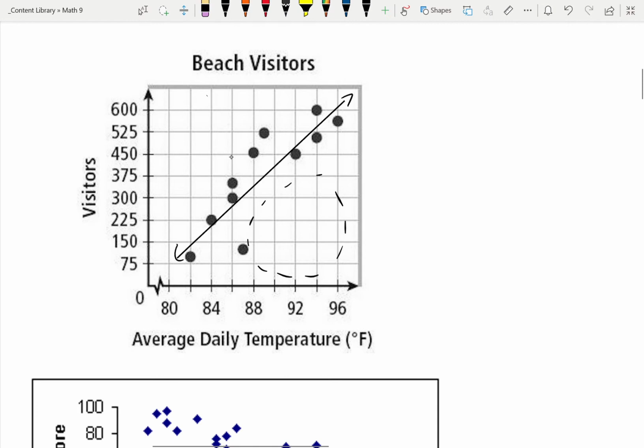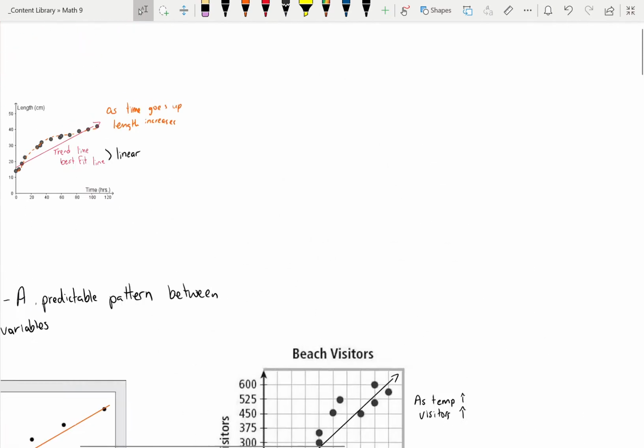So what I have is these two big empty spaces, and I can guess that as temperature goes up, so too do the visitors. As temp increases, visitors increase as well.